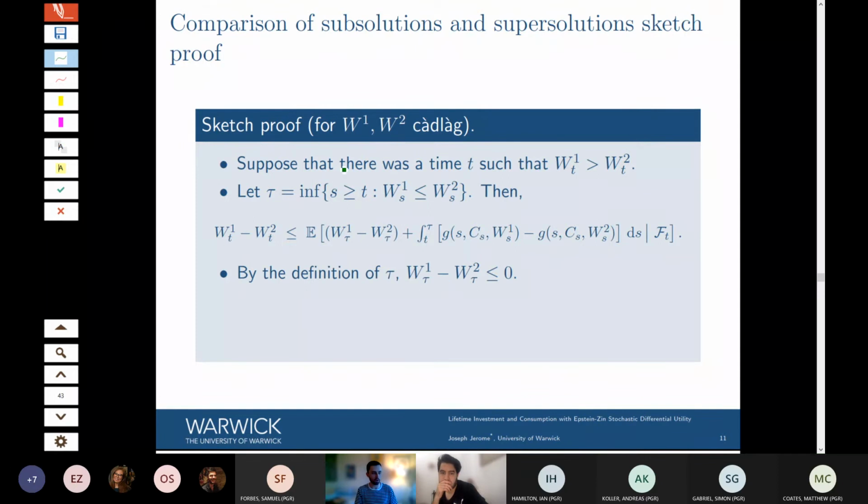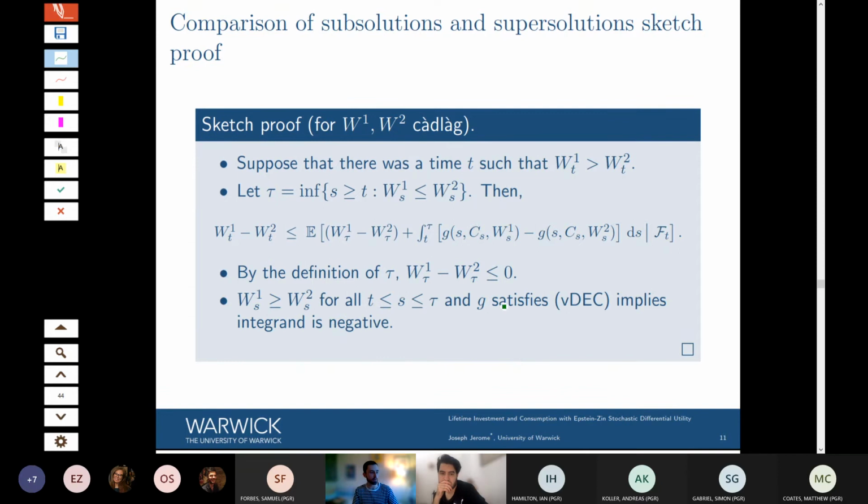By the definition of tau, this first one here is going to be less than or equal to 0. Similarly, W1 is going to be greater than or equal to W2 for all s between t and tau, because we haven't hit this stopping time yet, and it's càdlàg. So that means that this term here is also going to be less than or equal to 0, and then so you end up with a contradiction, right? This is less than or equal to 0, but we've assumed it's greater than 0.